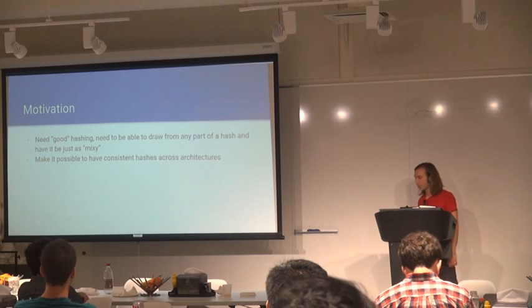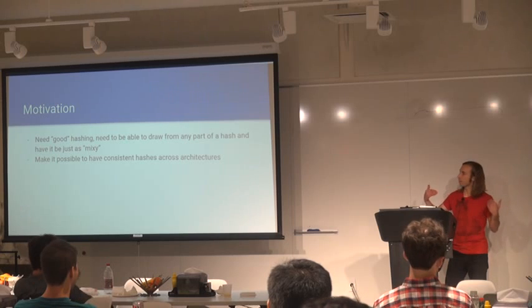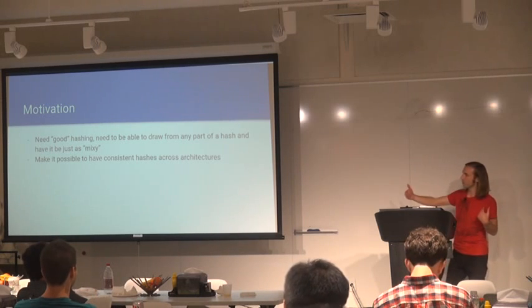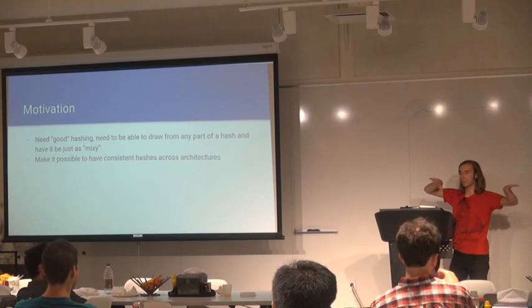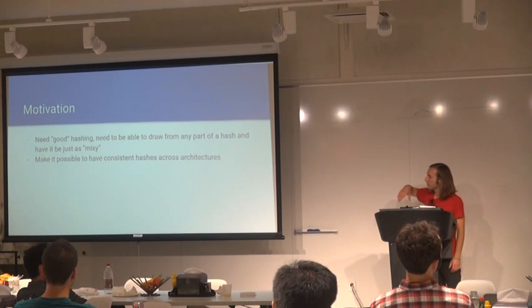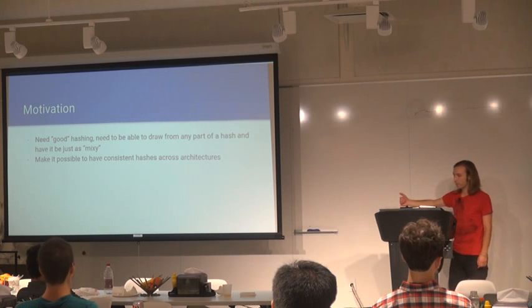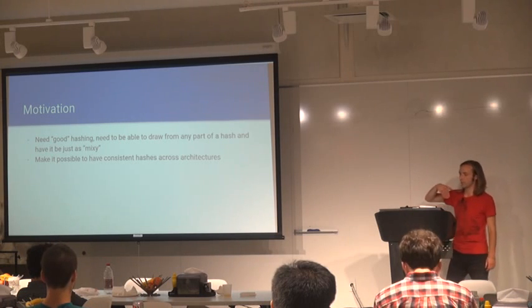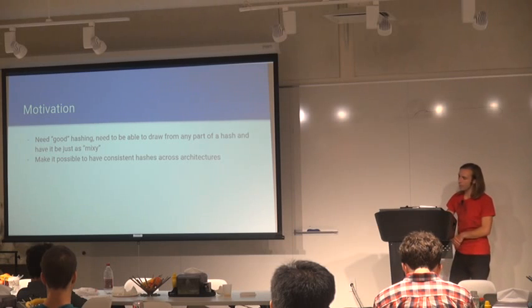because Bloom filters are so easy to serialize and such a useful thing to serialize, and we can combine them and use them in a distributed setting, we want them to be consistent across architectures. We want to be able to store them, maybe read them back later with a slightly different version of our library.